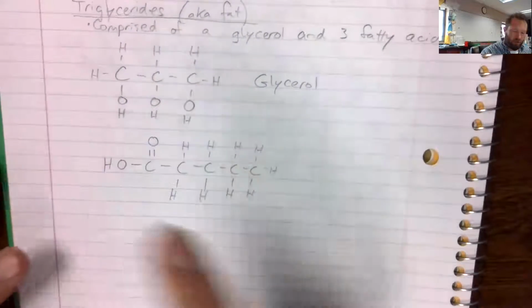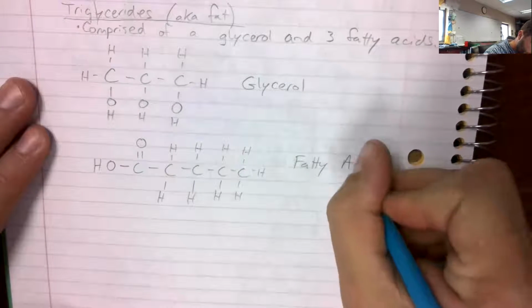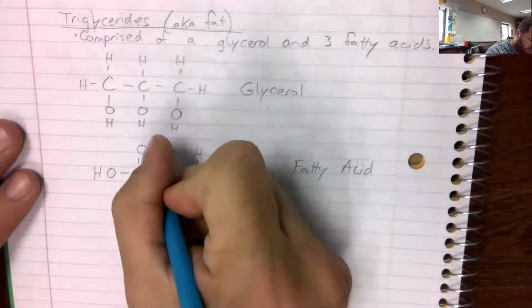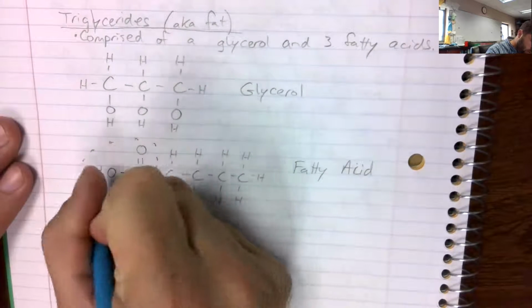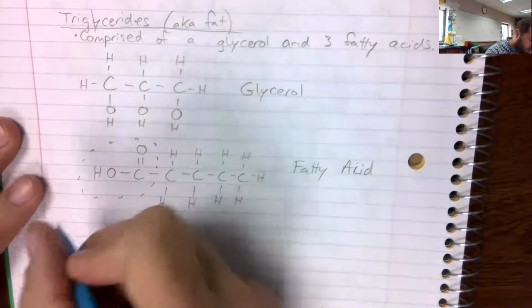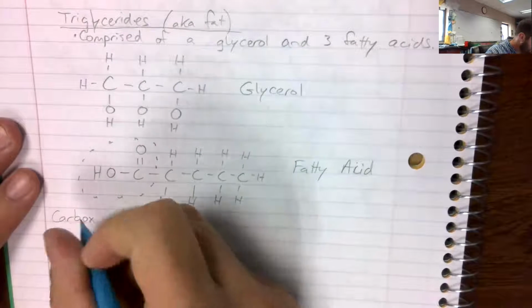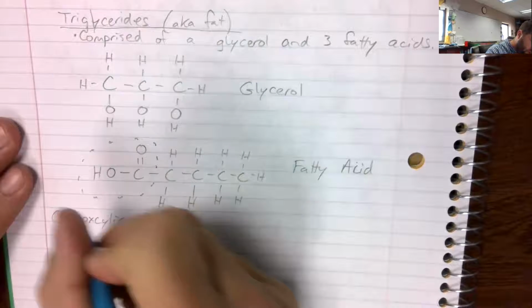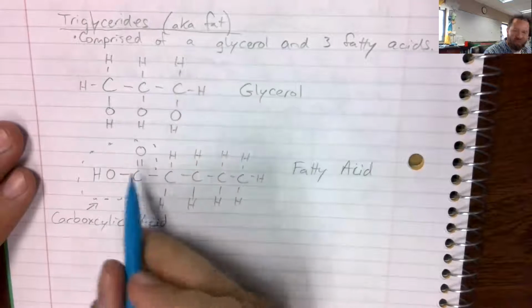So a little bit different than our glycerol is a fatty acid. Fatty acids are really comprised of two parts. The first part, kind of a dotted line around this area, on the top or on the front, is known as a carboxylic acid.